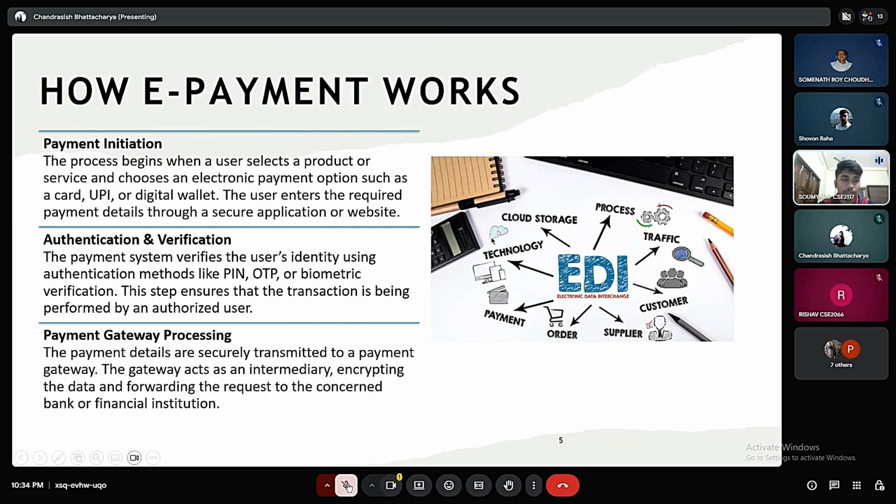This step ensures that the transaction is being performed by an authorized user. Payment gateway processing. The payment details are securely transmitted to a payment gateway. The gateway acts as an intermediary, encrypting the data and forwarding the request to the concerned bank or financial institution.